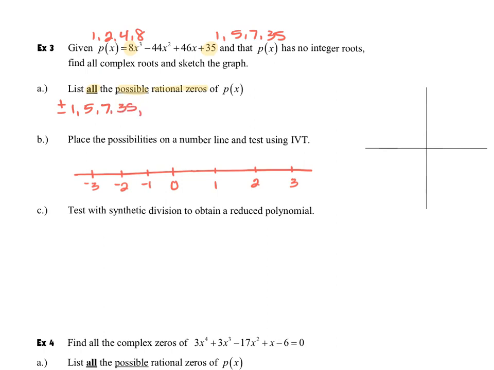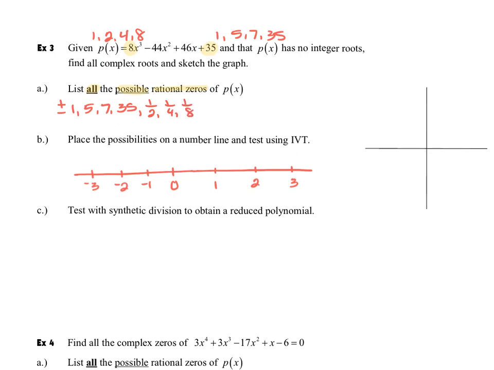And then from there, I'm going to start writing them all over the factors of the leading coefficient. So I'm going to take my 1 and I'm going to say 1/2 and 1/4 and 1/8, and I'm just going to start listing those. So there's my 1/2, my 1/4, and my 1/8.